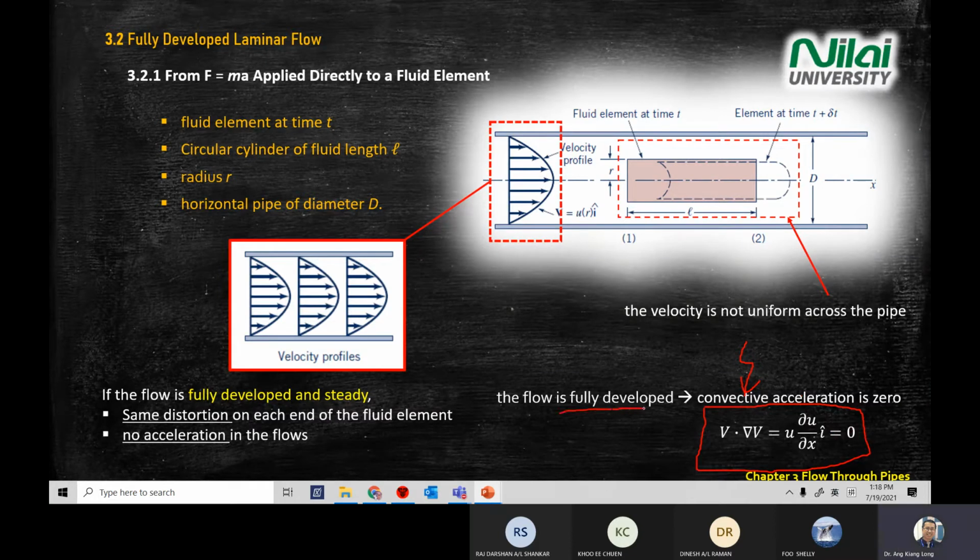When you have a fully developed flow and you deal with the Navier-Stokes equation, you will see this form of equation: V dot the inverted vector, equal to U, partial differential of U divided by X along the X-axis equals 0. Meaning the acceleration along the X-axis is 0. This equation just means that a_x, acceleration in the X direction, equals 0. This is a mathematical equation when you deal with the Navier-Stokes equation.